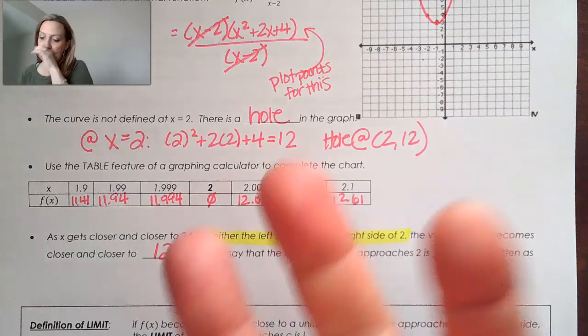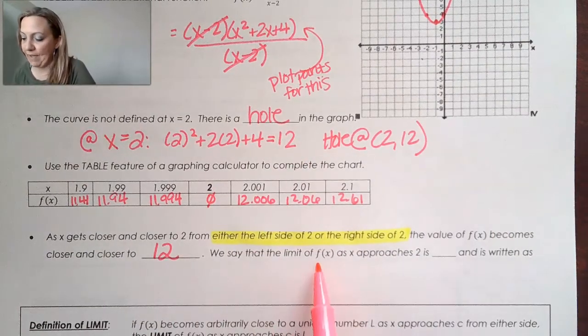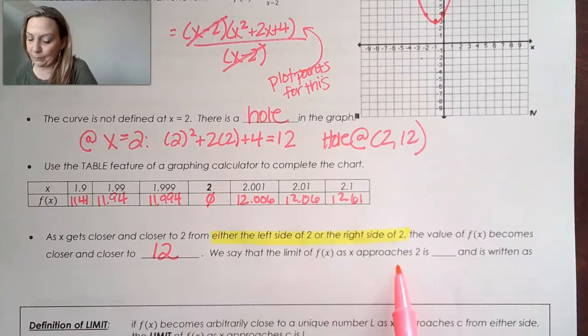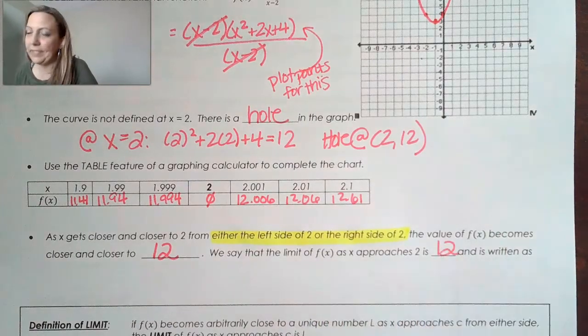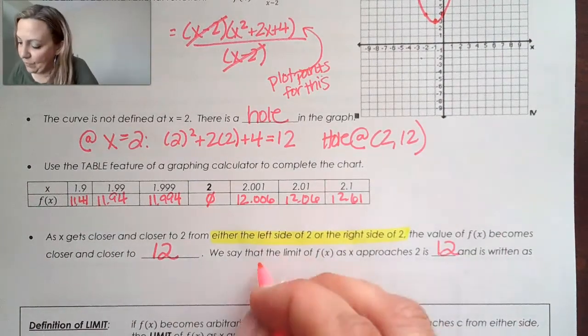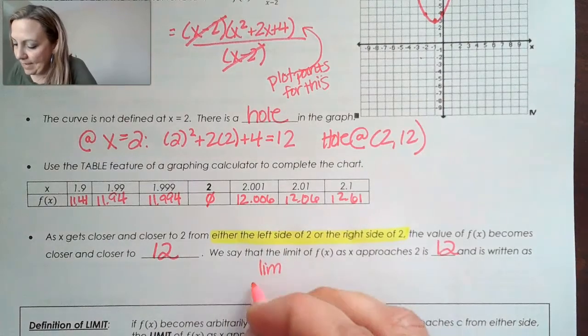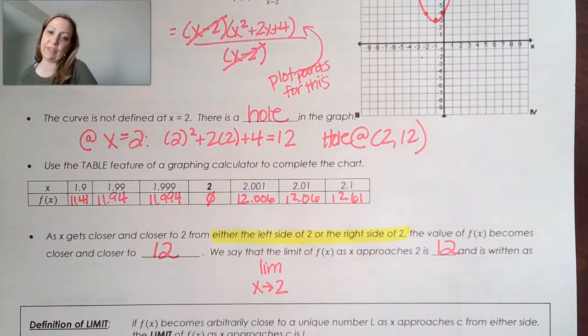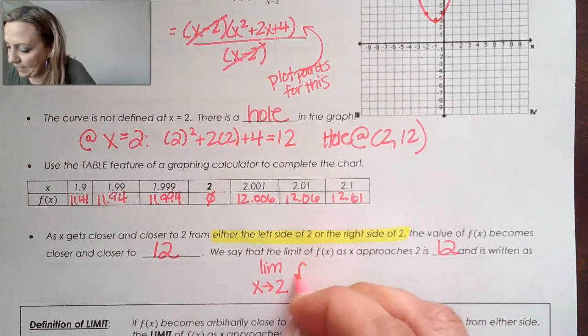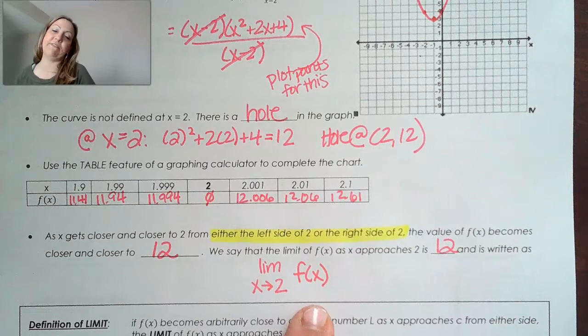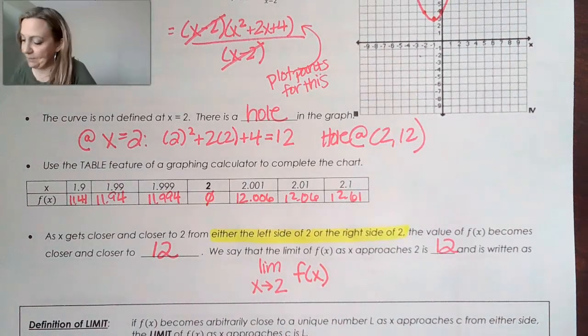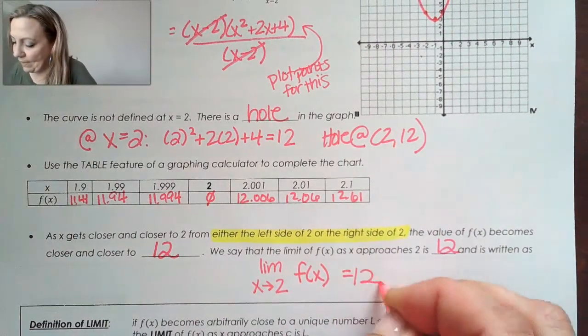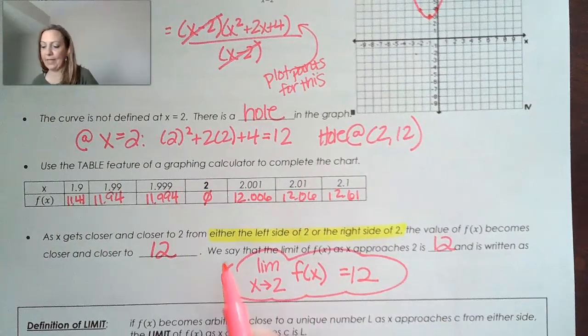So with this function f of x, we say that the limit of f of x as x approaches 2 is 12. And here's how we're going to write that. We write LIM, and then below it, we say x approaches 2 by having a little arrow. And then because this was defined as f of x, we can put that there, and that equals 12. And so that's how we can write that.